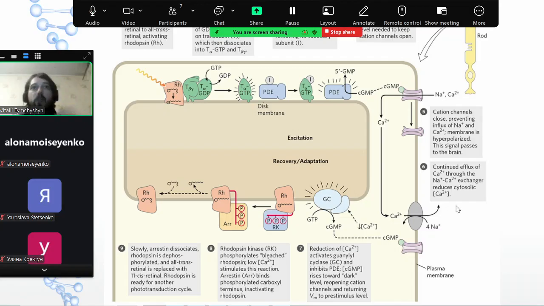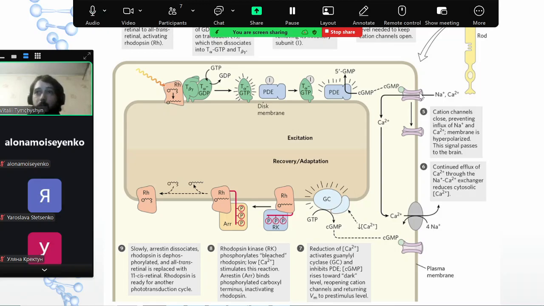Okay, and with that we get to the question, how do we turn off everything? So let's get through that. Here we have a continued efflux of calcium through the sodium-calcium exchanger.